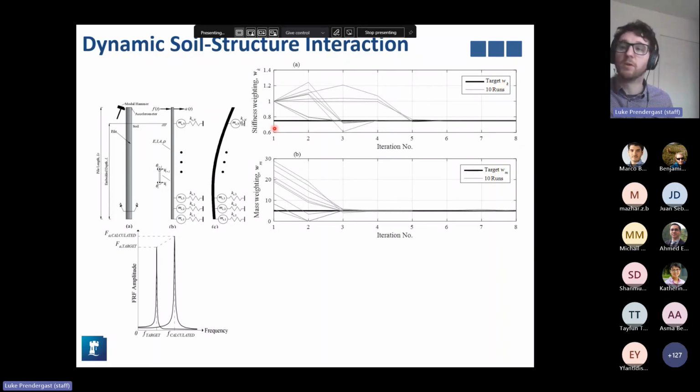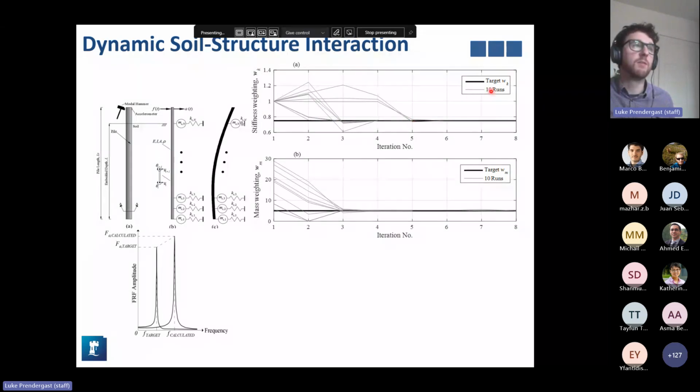What we did was we inputted a cone penetration test data of virtual data for a medium dense sand. We multiplied that value by 0.75. Then we put in the actual profile. And these gray lines show the number of iterations it takes to achieve convergence. So all gray lines start off as 1 times the predicted profile, and eventually they all converge on 0.75 times the profile, which was the target data.